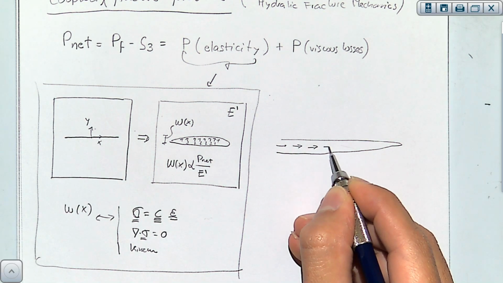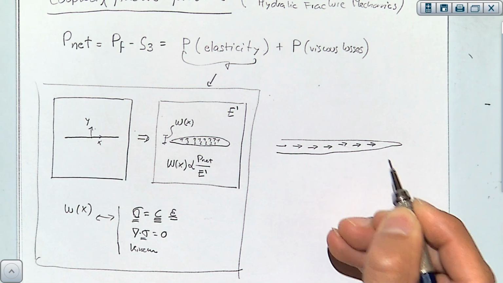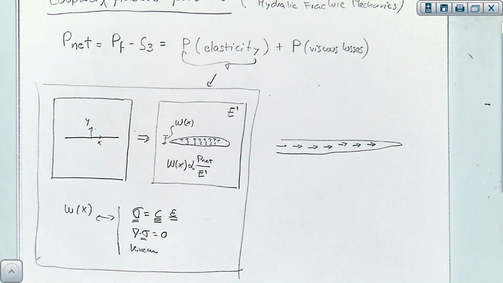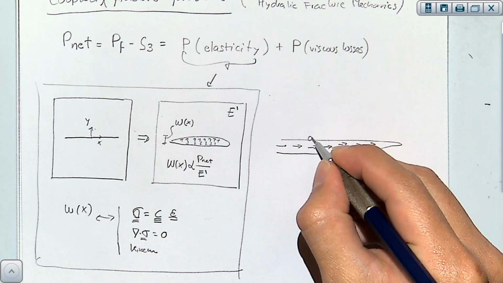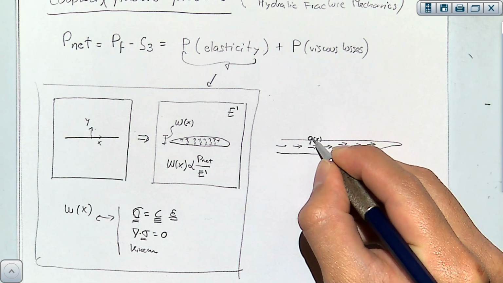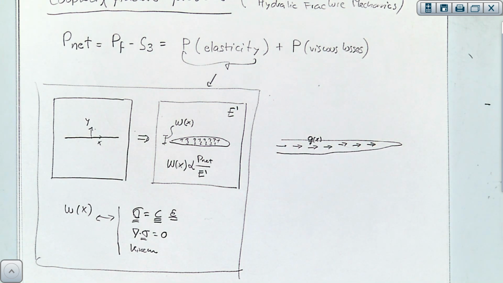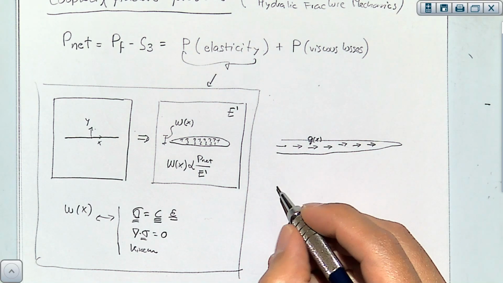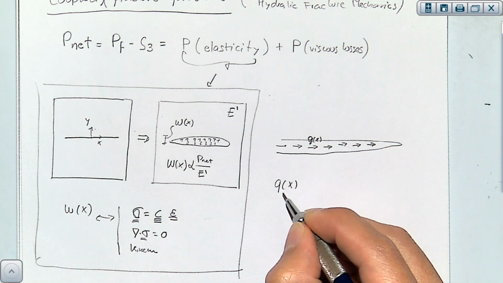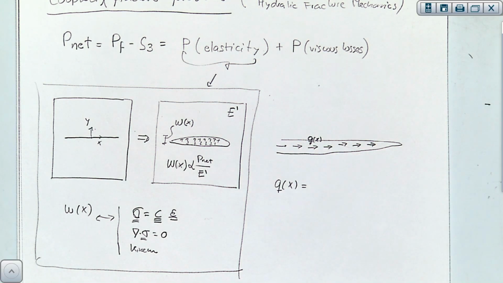You have fluid that goes through the fracture. You could assume something very simplistic, but still more or less accurate, like fluid flow between two planar surfaces.